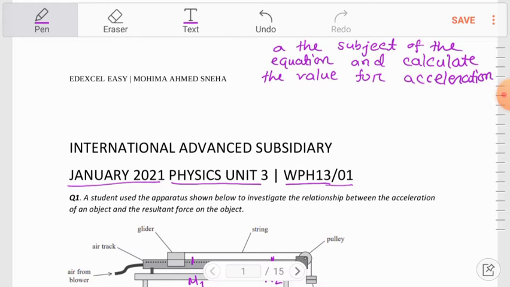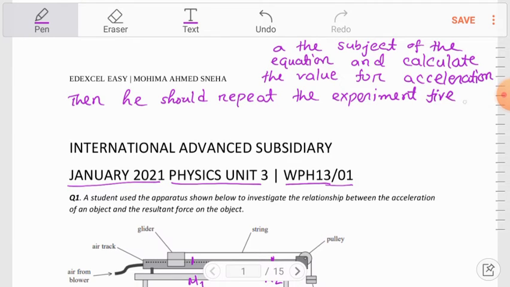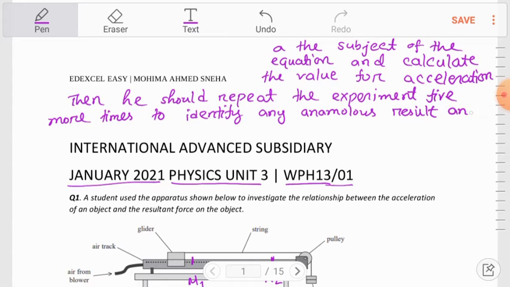So I'm writing the conclusion at the top that then he should repeat the experiment 5 more times to identify any anomalous result and also to calculate the mean to increase reliability.